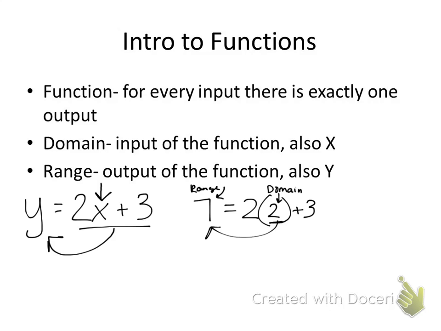No, because that's the right answer. I'll never get 6. I'll never get 5. So for the input of 2, there is only one output because it can't be anything else. It does not equal anything else once you plug it into the equation. So this problem is a function because for the one input of 2, there's only one possible answer. That's what makes it a function. For every input, there's only one output.